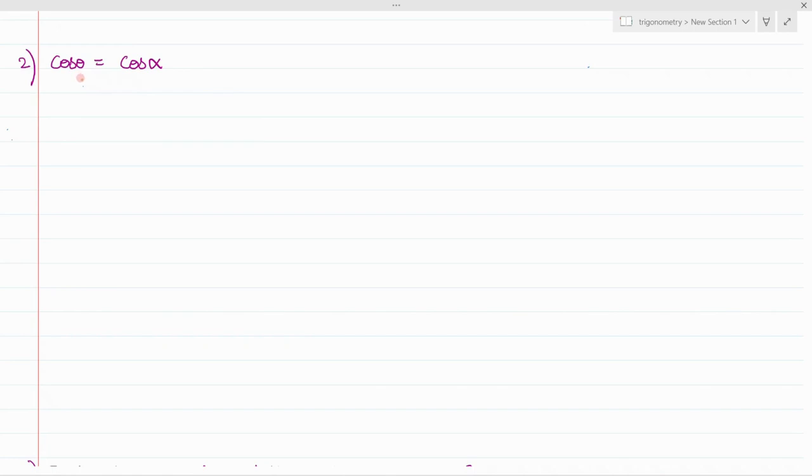Next standard trigonometric equation is cos theta equals cos alpha. For this, the general solution of theta is 2n pi plus or minus alpha, where n belongs to all the integers and alpha lies in the closed range 0 to pi. So let's prove this.